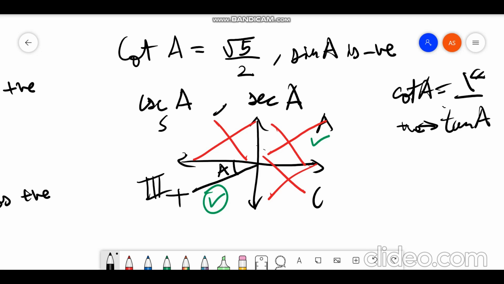Next, let's check. This cot A is 1 over tan A, so 1 over tan A will be root 5 over 2.